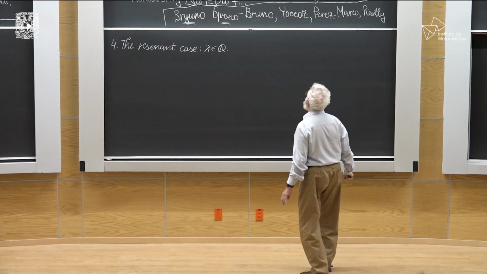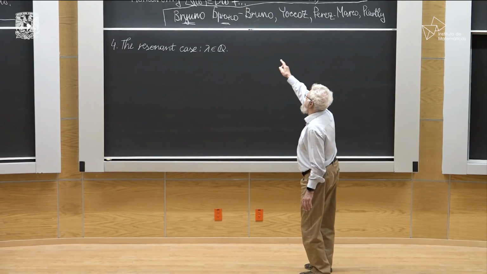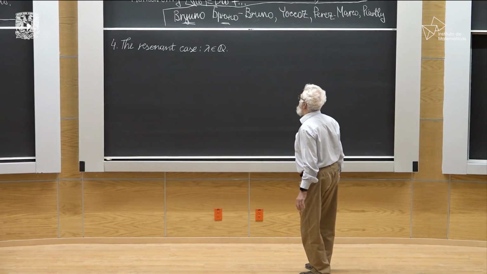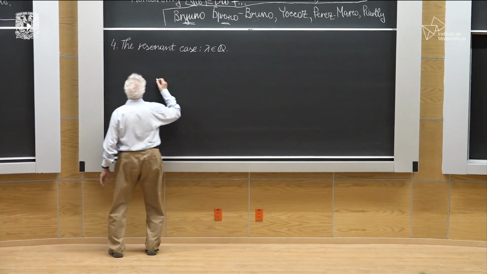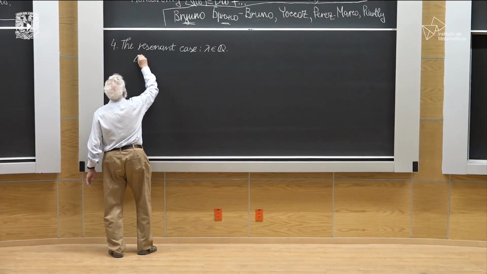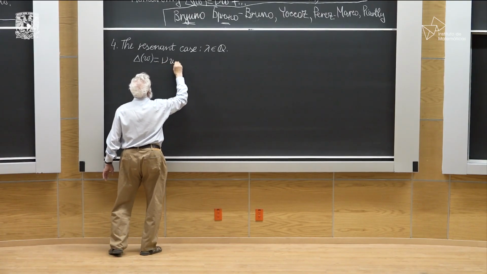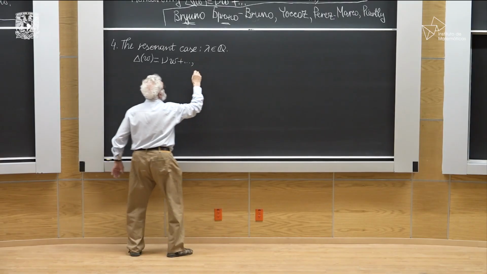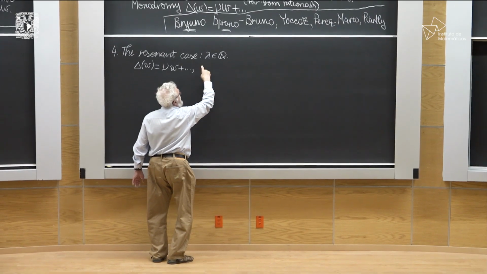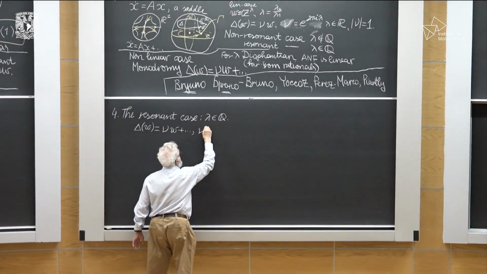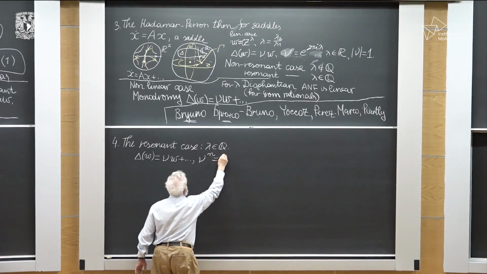So we have a map nu of W equals nu W plus and so on, and nu is exponent of 2 pi i lambda, lambda is rational, then nu to the power n equals 1.